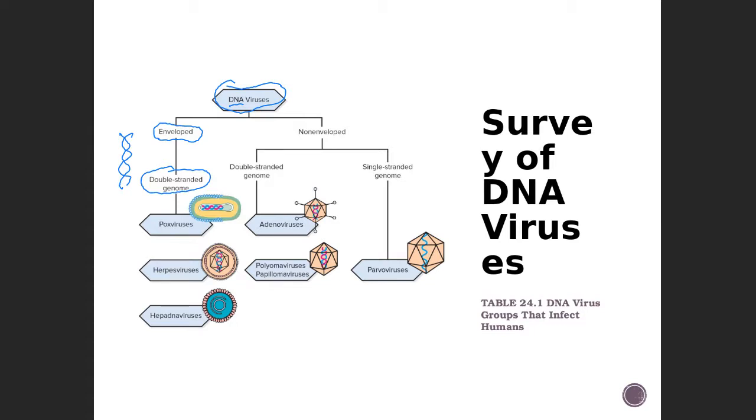There are three groups: pox viruses, herpes viruses, and hepadnaviruses, which is hepatitis B virus. Now we already finished with the enveloped double-stranded DNA on the previous lecture.